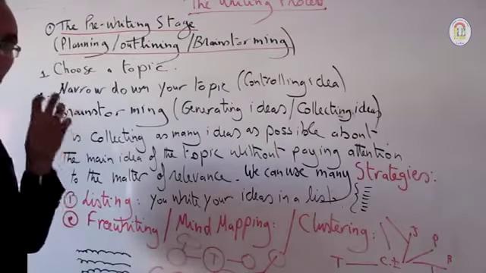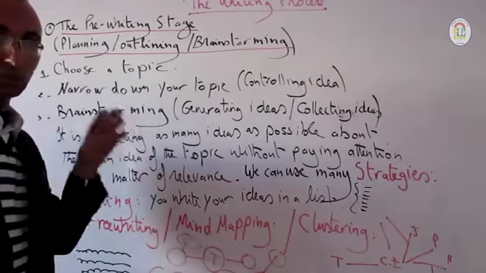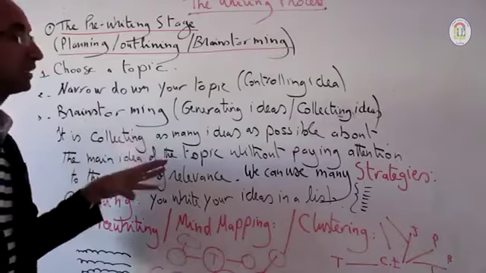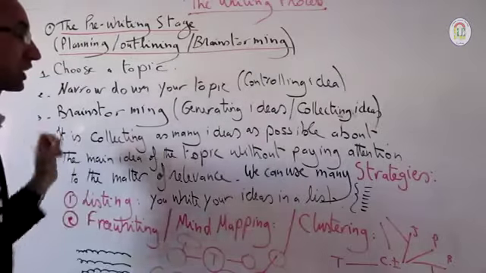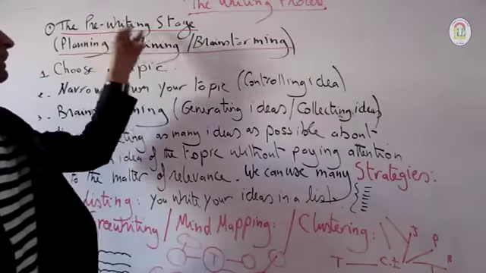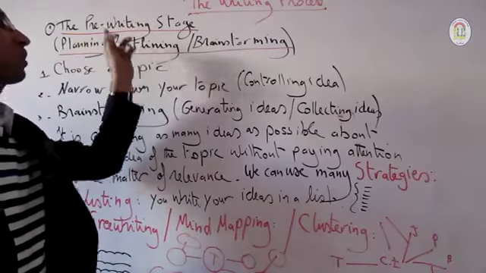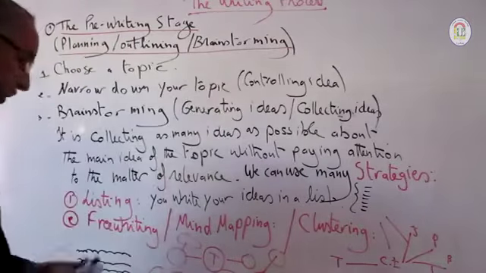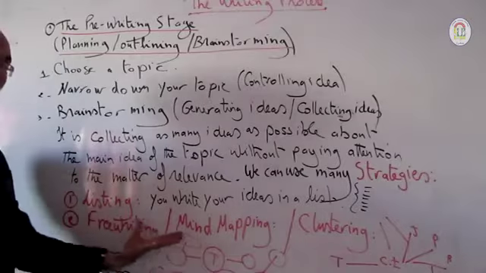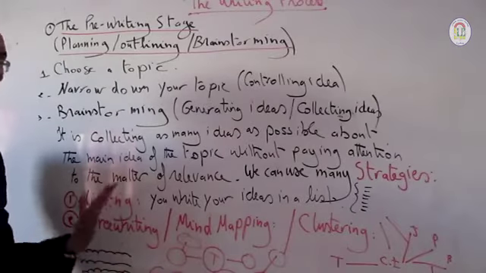Clear? It represents the core, or the heart, and the pillar of all this stage. That's why it's called either pre-writing, planning, outline, or brainstorming. Clear? So here are the strategies you can follow and you can use.